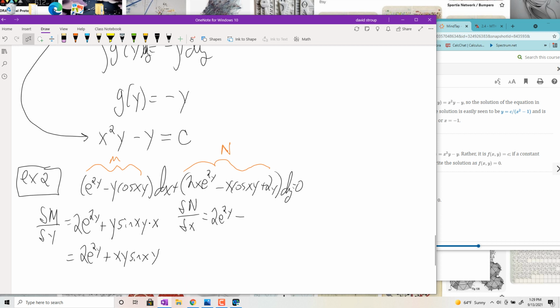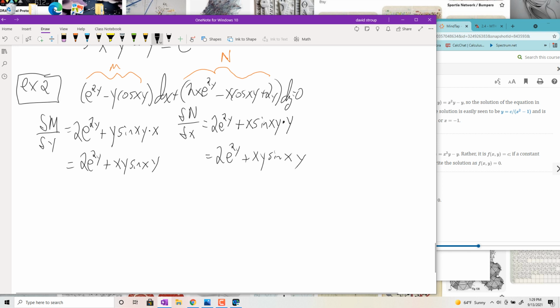So minus the derivative of cosine xy is going to be negative sign, so I'll have minus x, but then it'll be plus, and then sine of xy, and then the chain rule, the derivative of xy with respect to x will be y, and then the derivative of 2y with respect to x will just be 0, so we get 2e to the 2y plus xy sine of xy, and so the mixed partials are equal, and you're good to start your next step.